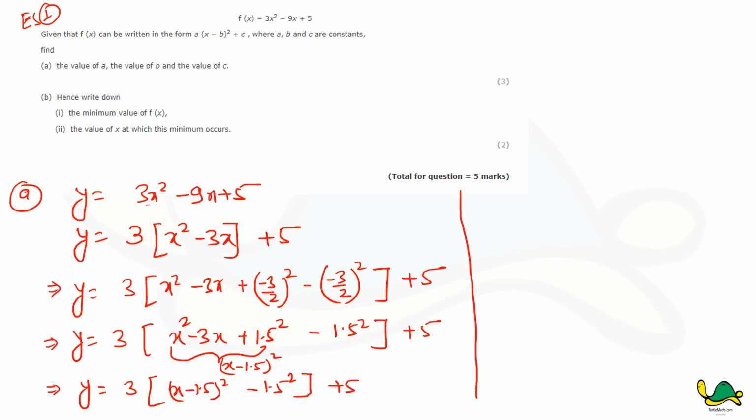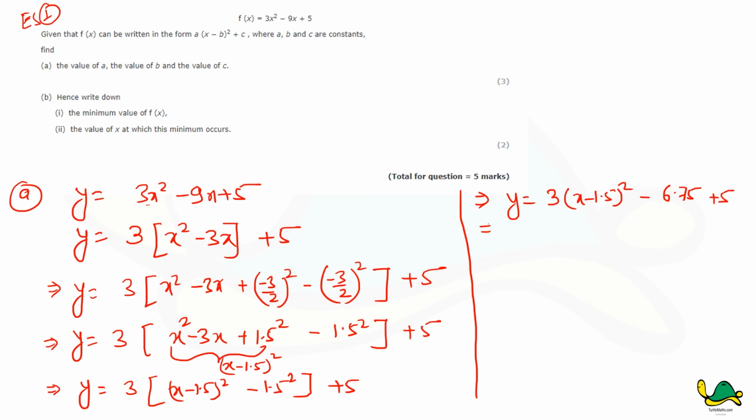Let's continue. I can expand the bracket, so y = 3(x − 1.5)² − 3 × 1.5², and 1.5² is 2.25, and 2.25 times 3 will give me 6.75. Outside of the bracket I had 5, so plus 5.